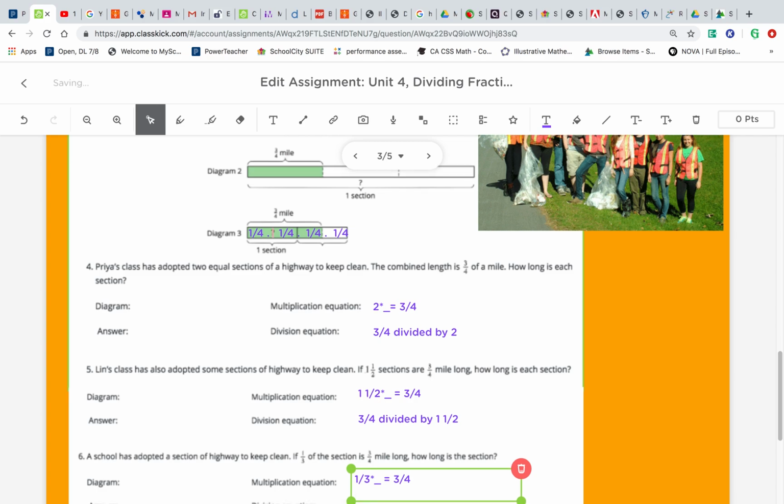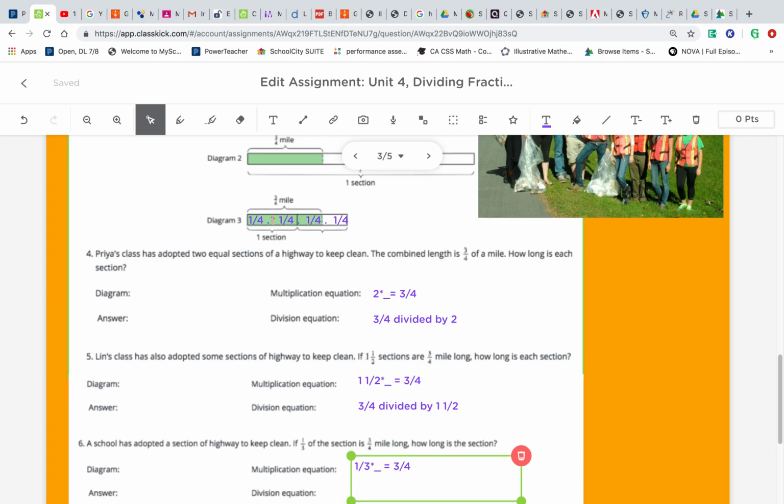For our division equation, we're going to be taking the 3/4 of a mile and splitting it up into 1/3 of a section. So 3/4 divided by 1/3. A section that's 1/3 of a full section. Okay, so that's our equations there.